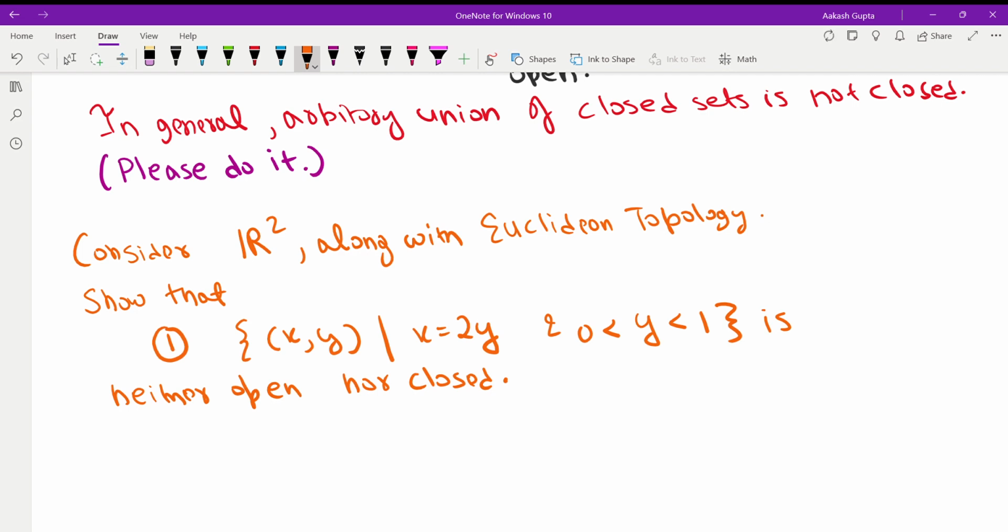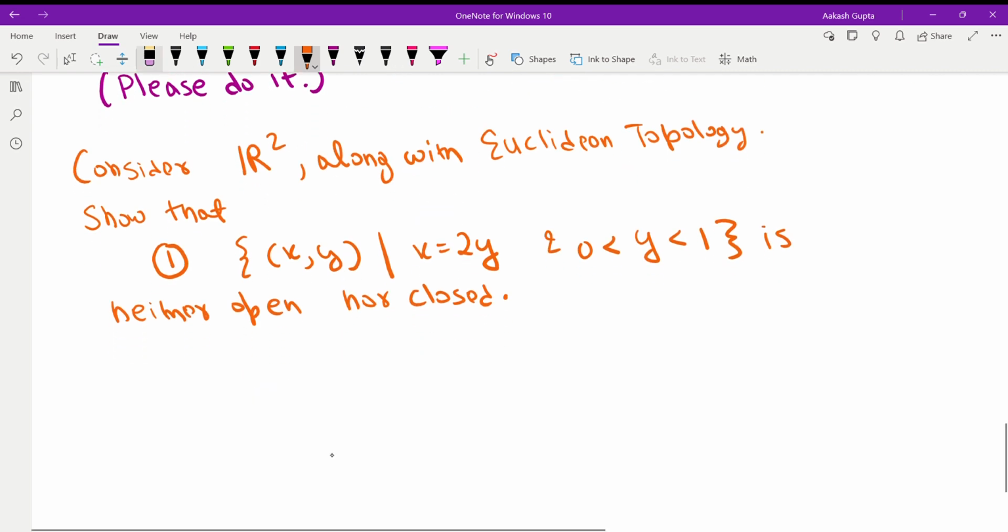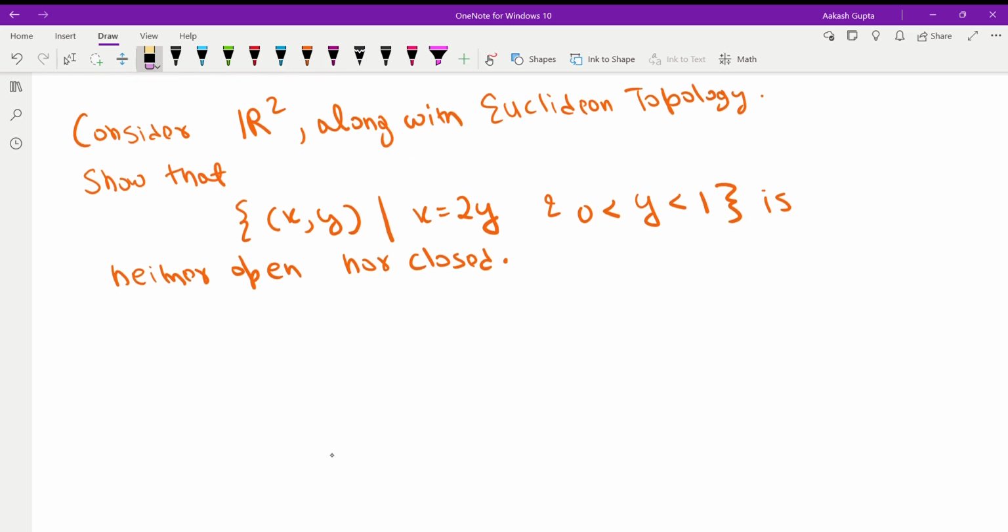So let me do this. It might be very trivial for you, but I want to do it by the definition of open set and closed set. Like, closed set, what is closed set for me? Whose complement is open. So that's what I want to use, and I want to show you how to write these things precisely. You can construct similar examples and check if a set is open, closed, or one of them or none of them.